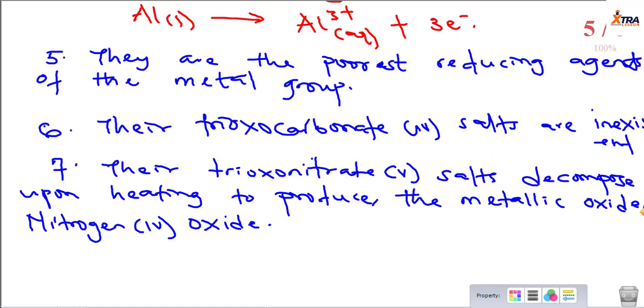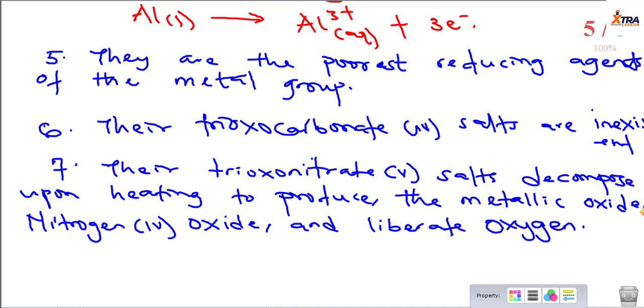Group 2 are relatively stronger than group 3 in terms of reactivity, and as a result, instead of producing nitrogen(IV) oxide, they gave nitrogen(II) oxide instead. While group 1 didn't even give nitrogen(IV) oxide. I mean, they're trioxonitrate(V) salts upon decomposition. So it's a gradual trend. To produce the metallic oxide, nitrogen(IV) oxide, and liberate oxygen gas.